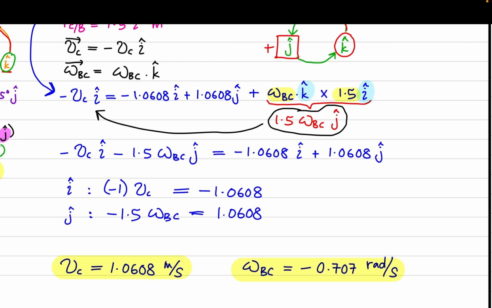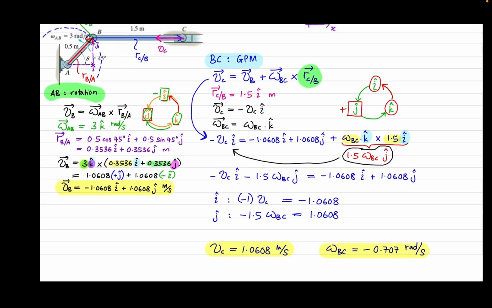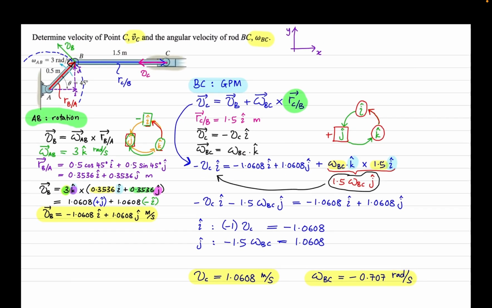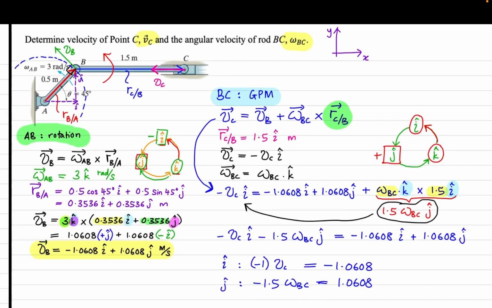But now let's focus on why we get a negative value for omega BC. Going back, initially when we wrote down omega BC as omega BC k, we actually assumed that rod BC is rotating anti-clockwise.